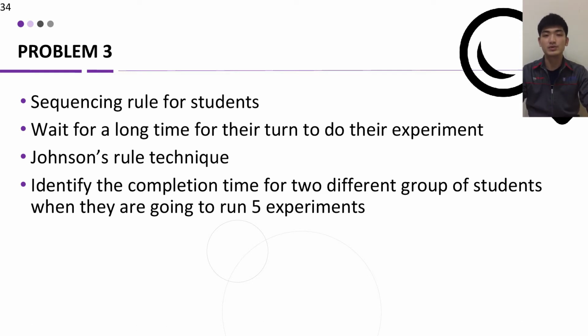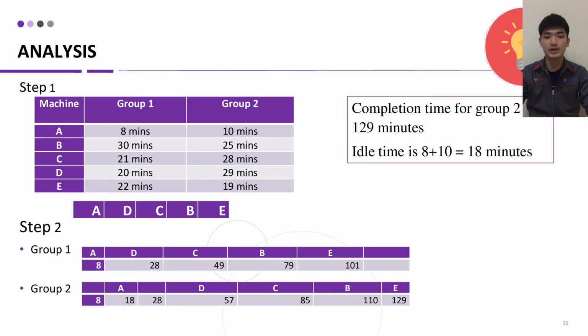After we apply the Johnson rule technique, we can obtain a table which includes group 1 and group 2, and their time usage when they are doing the experiment from machine 1 to the last machine. After that, by arranging from the lowest time, we can obtain the sequence ADCBE, which starts from the lowest time until the highest usage of time, which is C. And then we can obtain the completion time for each group respectively.